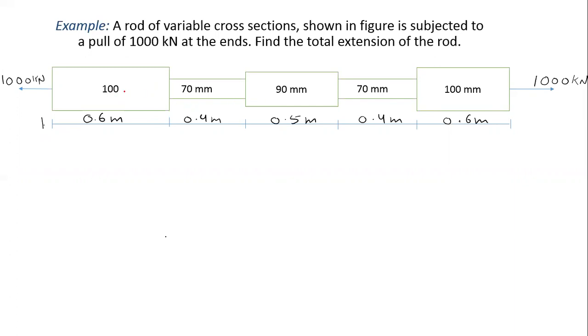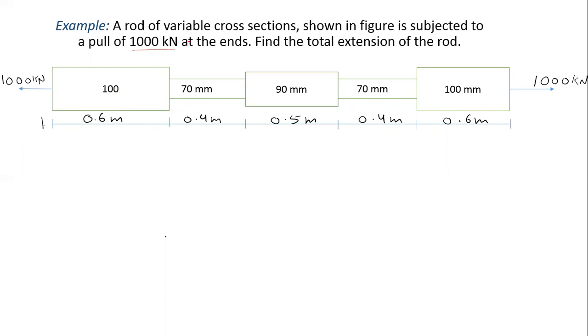This is a circular rod, so it has a diameter of 100 mm at this end, 100 mm at this end, 70 mm and 90 mm. Now we have to find the total extension of the rod if the total applied pull is 1000 kilonewton.